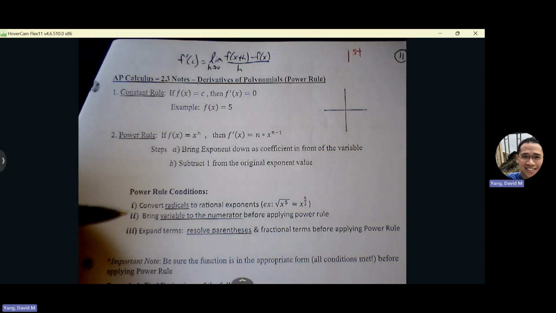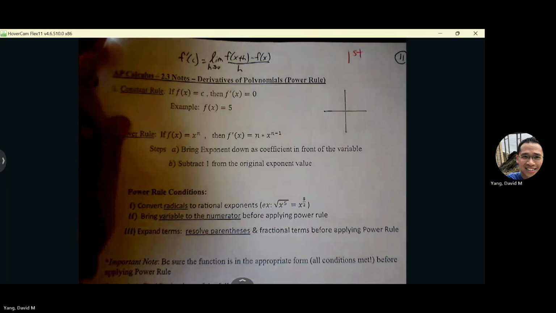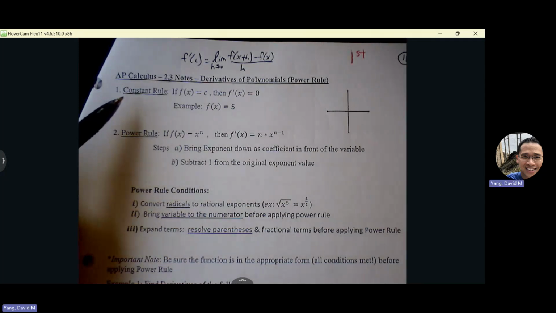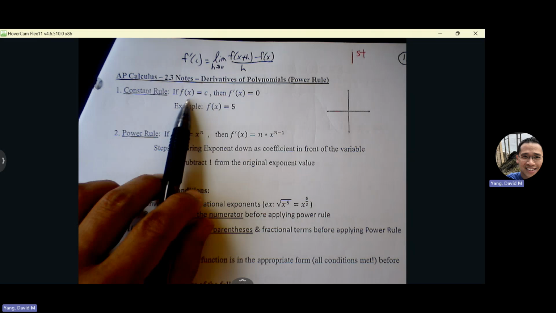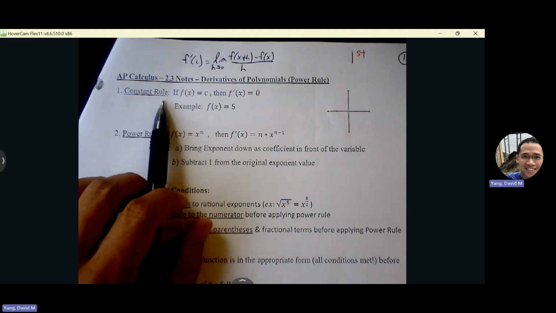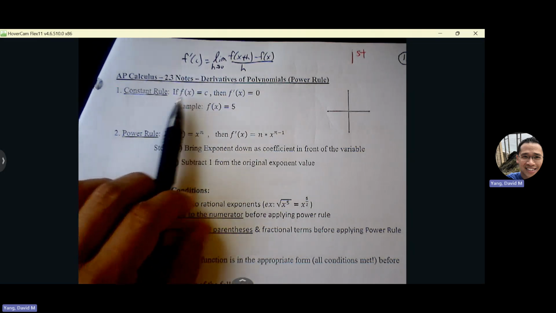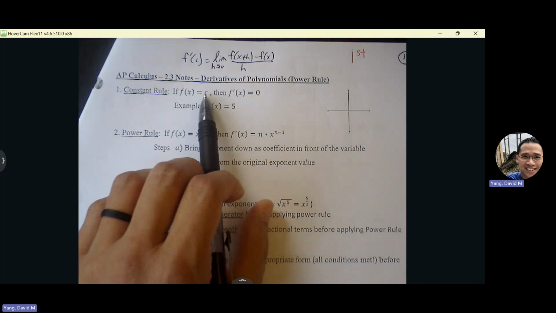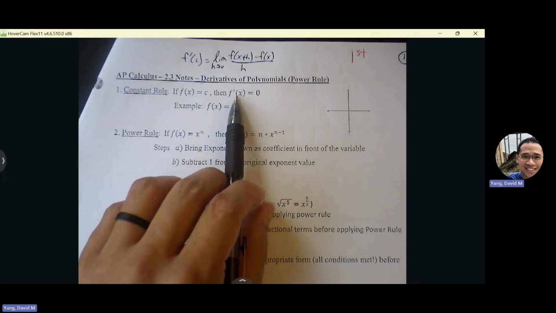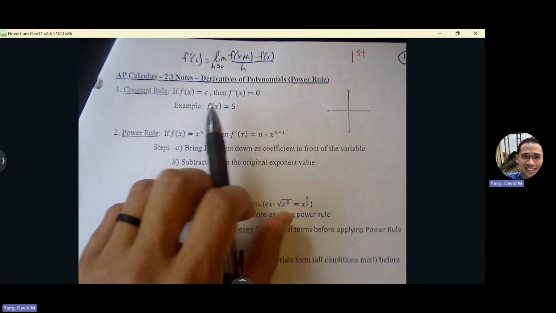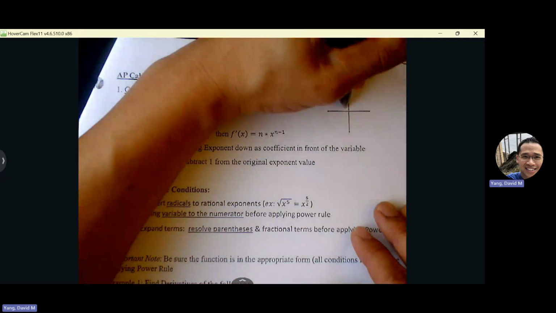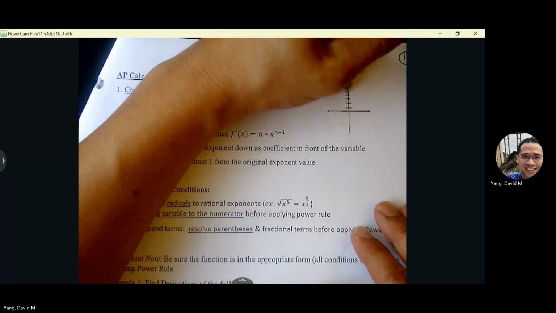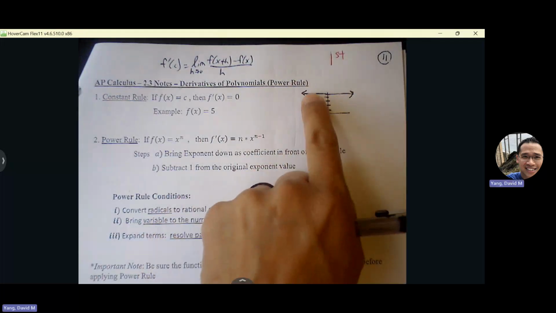So let me just go through. First is called the constant rule. We also use power rule for this instance, but I think it's easier to just visualize it. If I have a function that is a constant, then that constant's derivative is 0. For example, f of x equals 5. Imagine what that graph looks like. This is a horizontal line. What is the slope of this line?